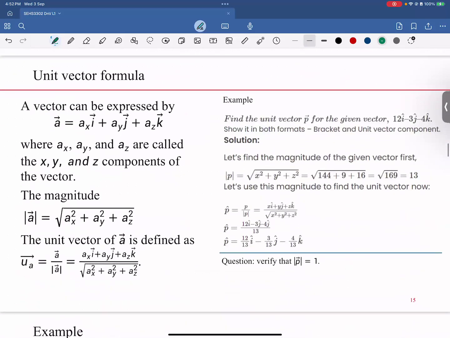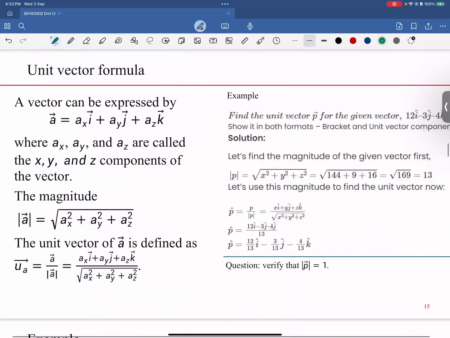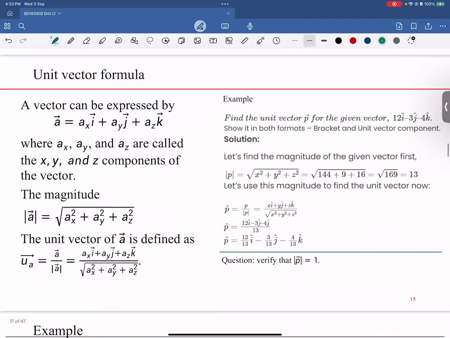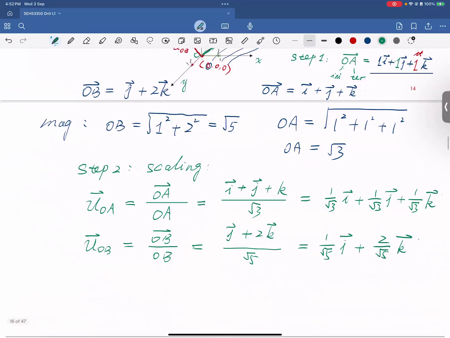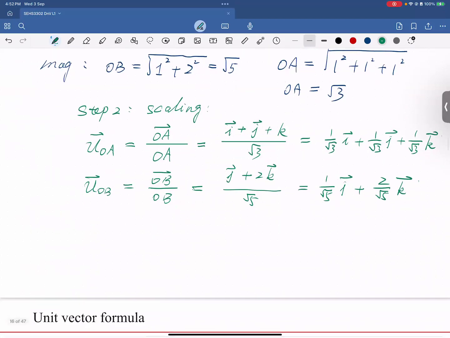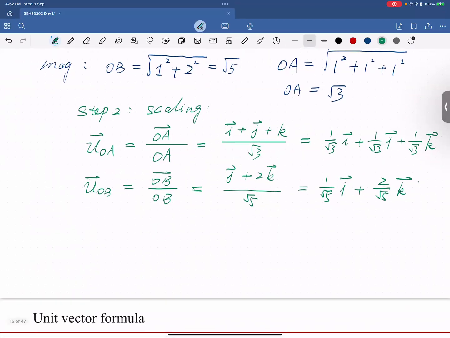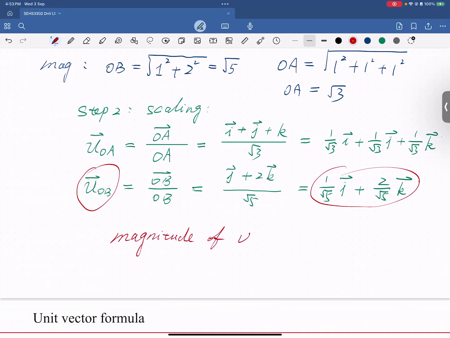This is the unit vector formula. You can verify the unit vector's magnitude. For example, we call UOB a unit vector. First thing, it is a vector, no problem. Secondly, let's check its magnitude of UOB.